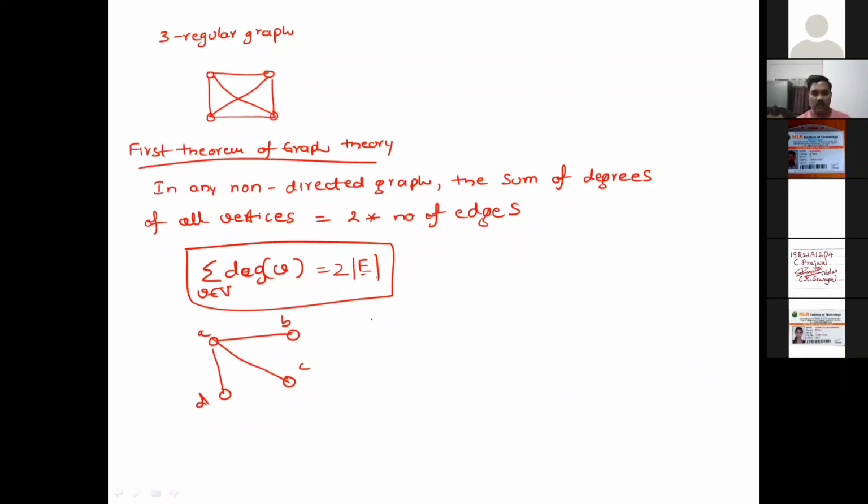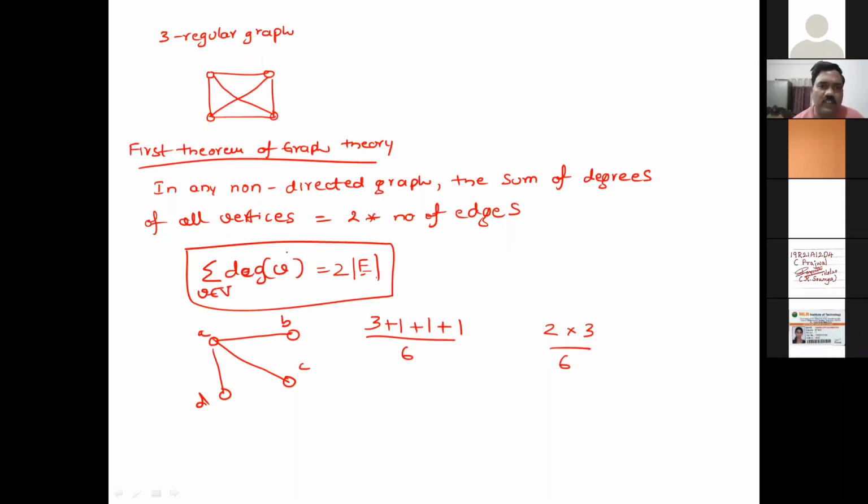So the sum of the degrees: A's degree is 3, then B is 1, C is 1, and D is 1. Okay. So this is your LHS. Total it is 6. And how many edges are there? 3. So 2 into 3. Is it tallying?